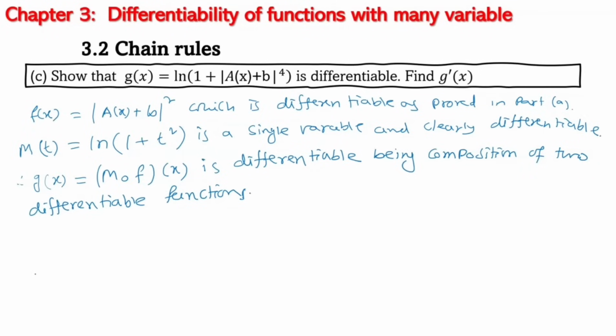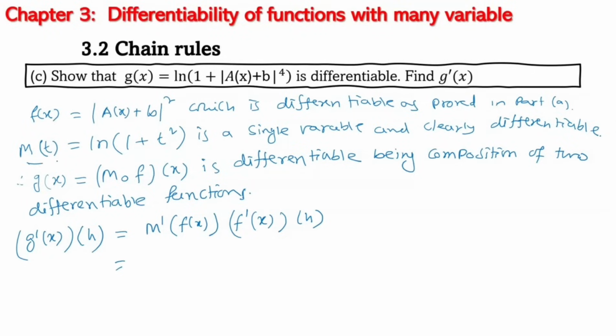Okay, now what is the differentiation? So g dash x on h, where h is from Rn, is equal to m dash f of x times f dash x on h.